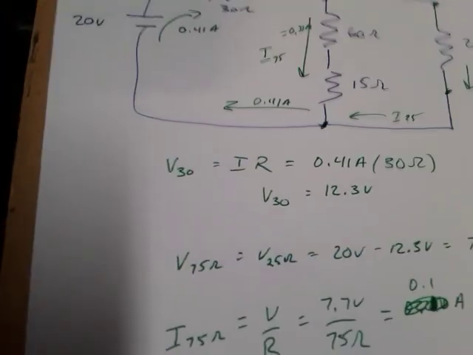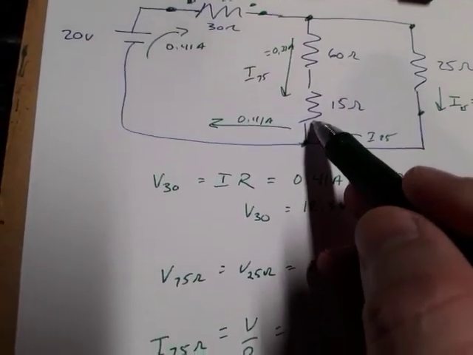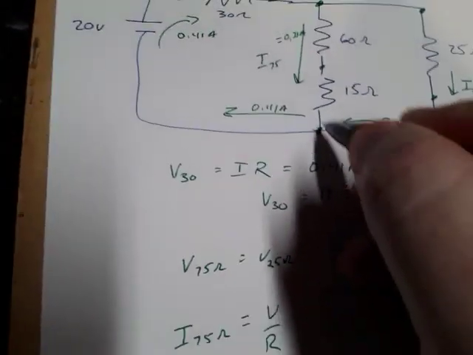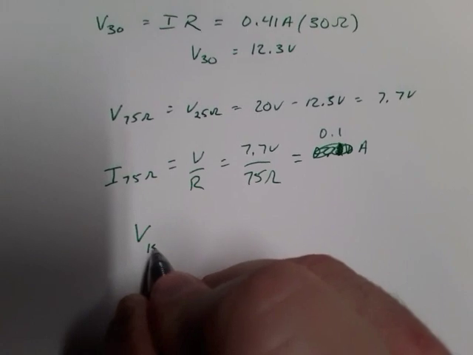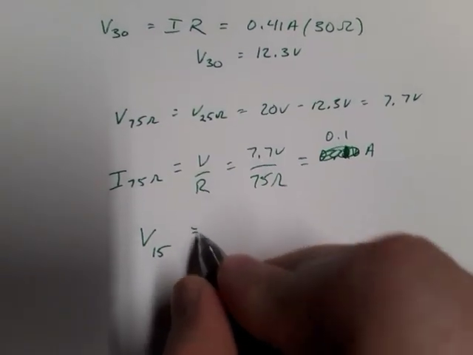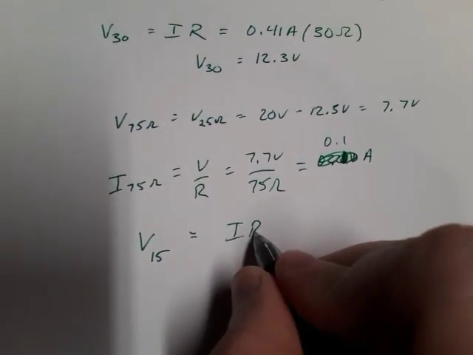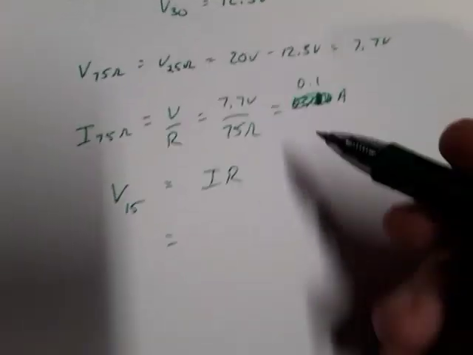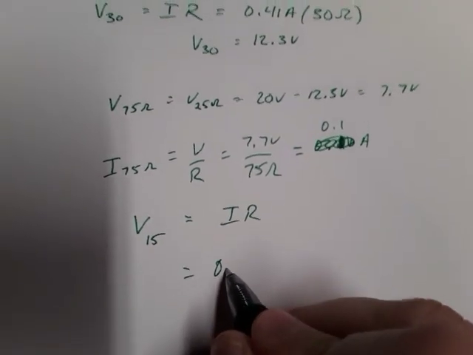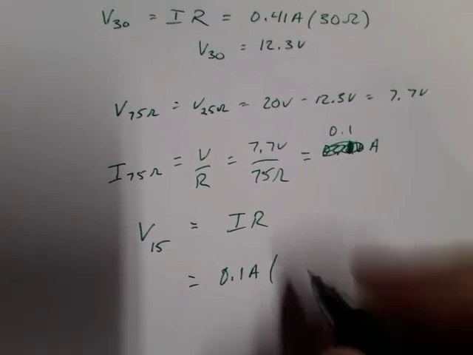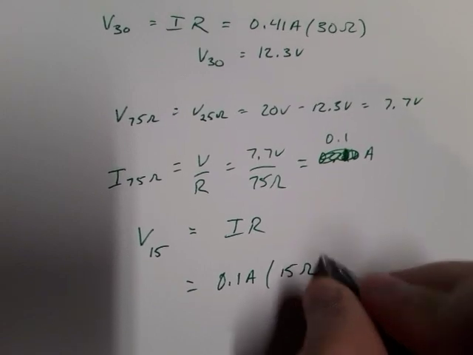All right, so finally, the last little bit, we want the voltage across this 15 ohm resistor. And so the voltage on the 15 ohm resistor is going to be I times R. It's going to be Ohm's law again. But it's the current that goes this way. And that's going to be our 0.1 amp times 15 ohms.